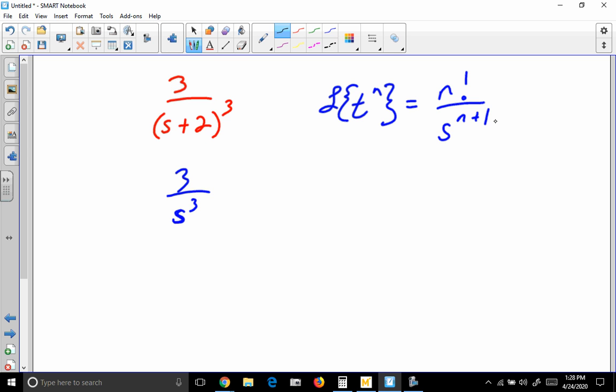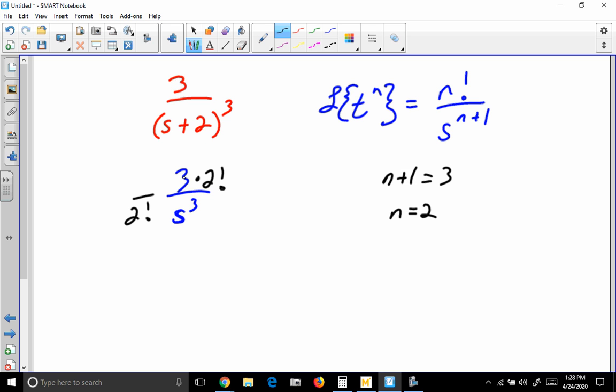So if that's the case, the exponent here is n plus 1, so that means n is 2. So we should have 2 factorial on top. We can do this several ways. We could put a 2 factorial on top and divide by 2 factorial out here.